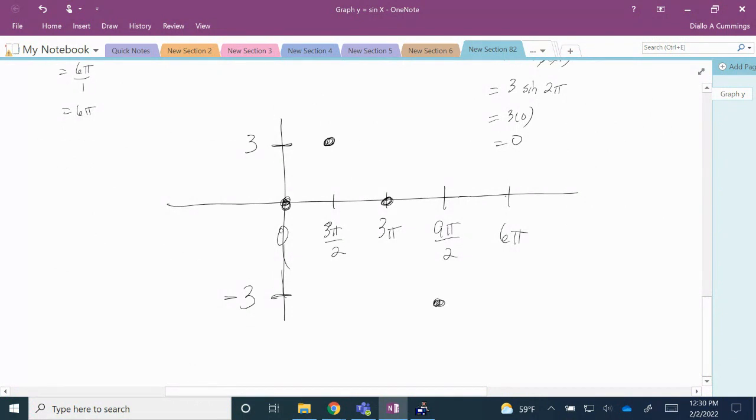And then one complete rotation at 6 pi, 0. And this is our graph.